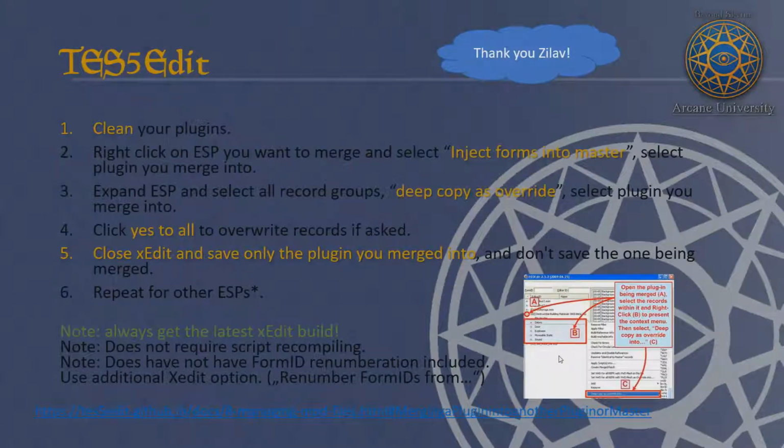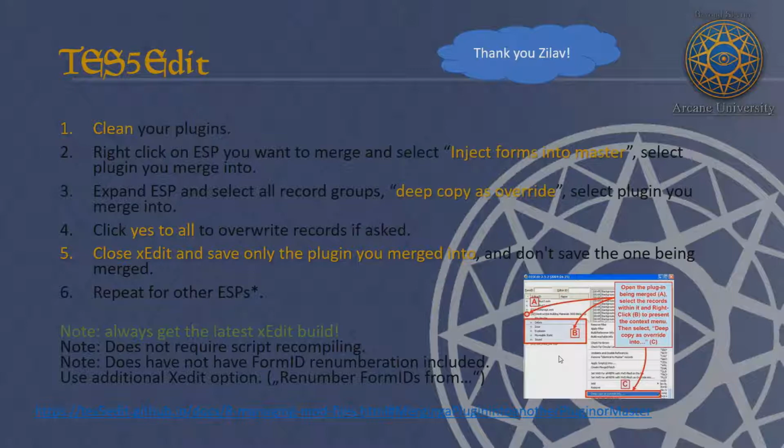Finally, you also have the opportunity to inject entries as deep copy in TES5Edit. So you basically create a new master and then copy in all the entries you need. This is more straightforward. However, you need to open and close it for each ESP. It's possible to do.